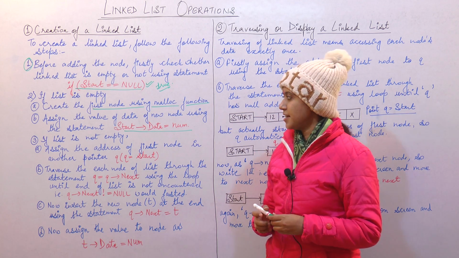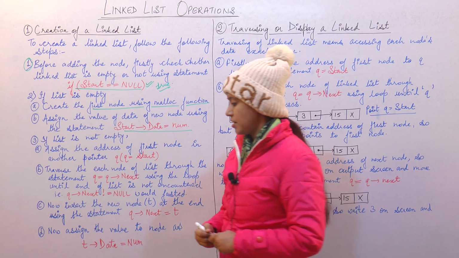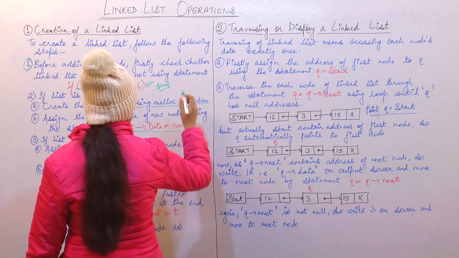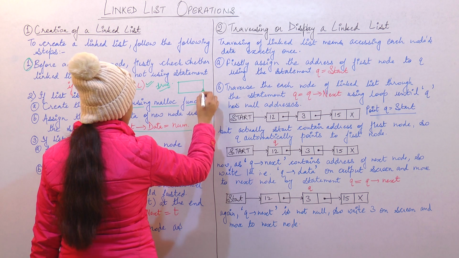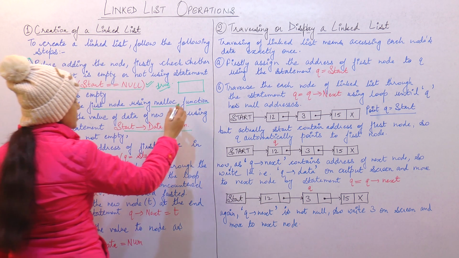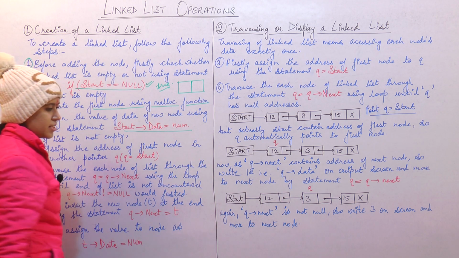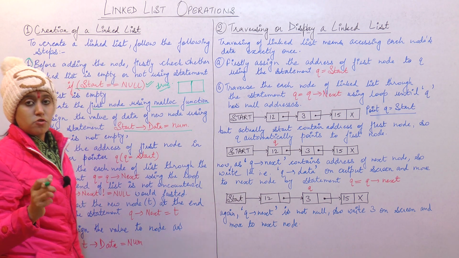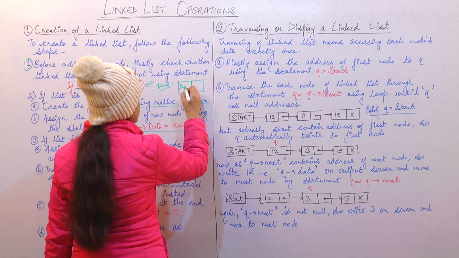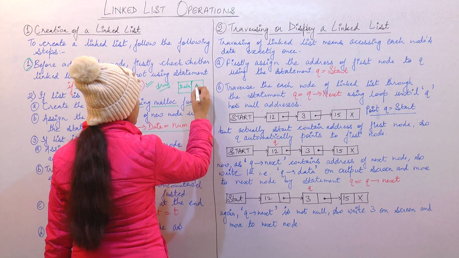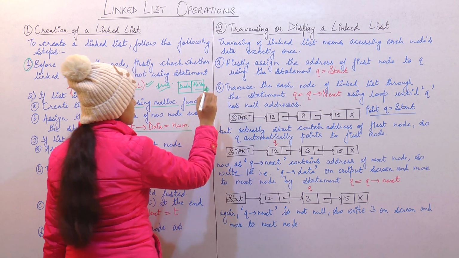I taught you in our previous lecture that a node contains two fields. In the first field we insert the data and the second field contains the pointer to the next node.